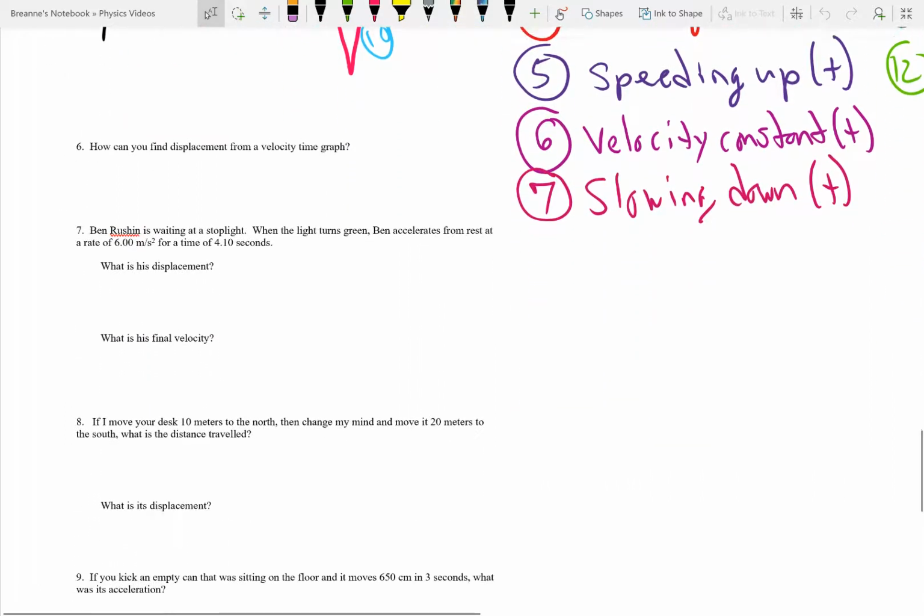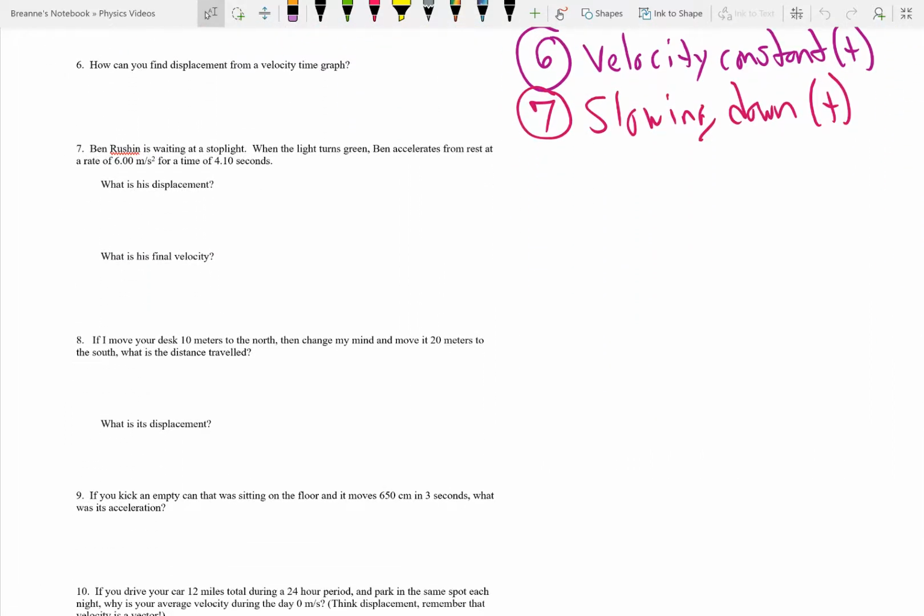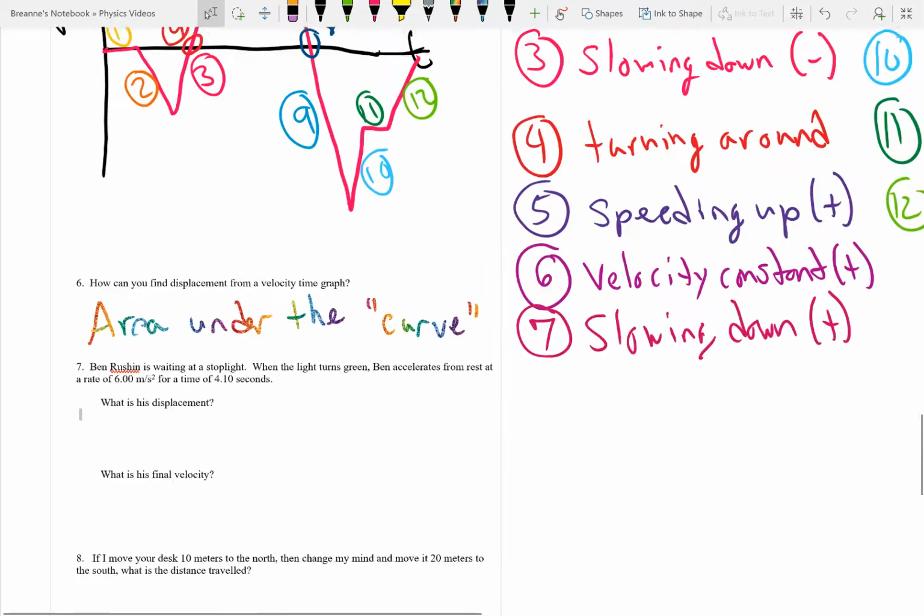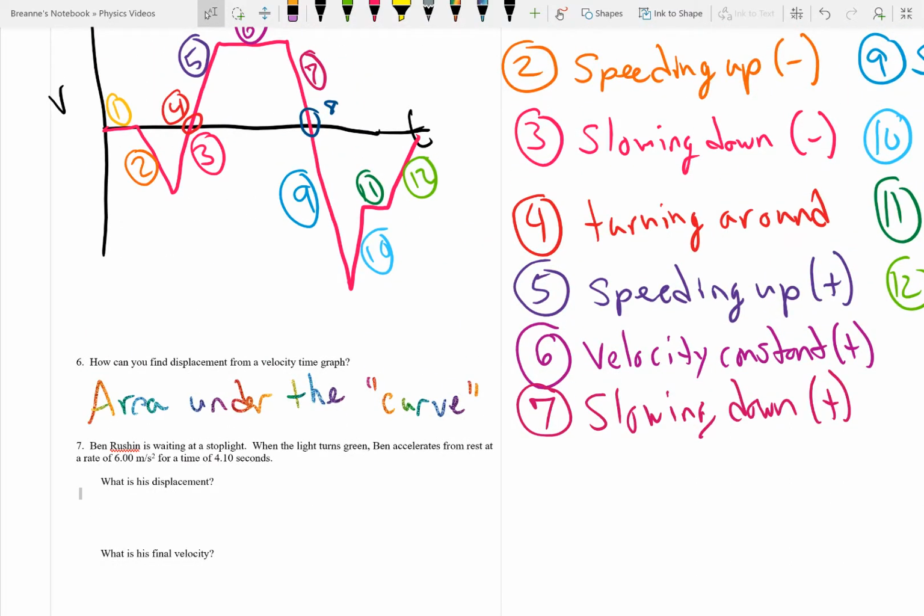So, how do you find displacement from a velocity versus time graph? You do area under the curve. I'm going to do curve in quotations, because if you look back at our graph, do you see any curves? Hopefully your answer is no. So you'll just be dealing with area.